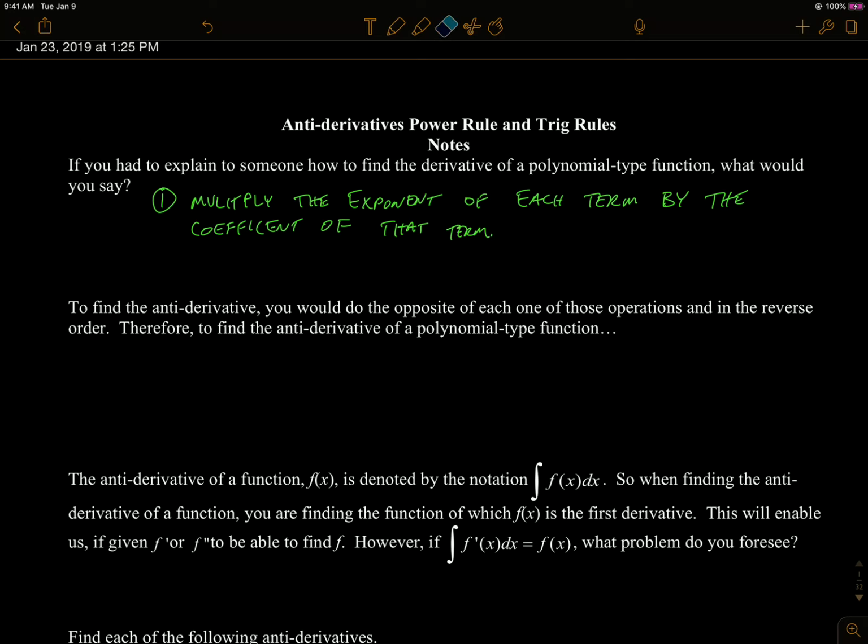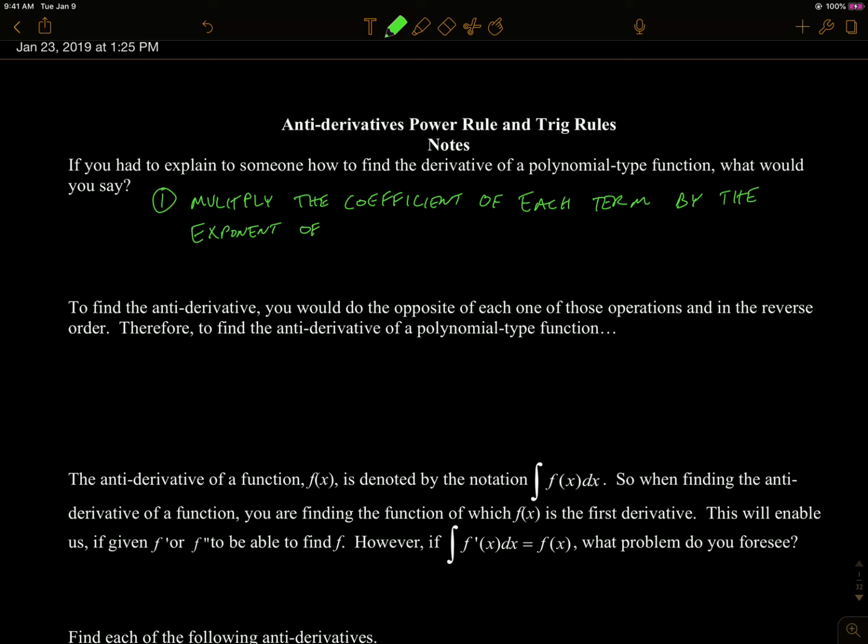Actually, I'm going to say it the other way. Sorry, reverse. We're going to say that we multiply the coefficient of each term by the exponent of each term, or of that term.